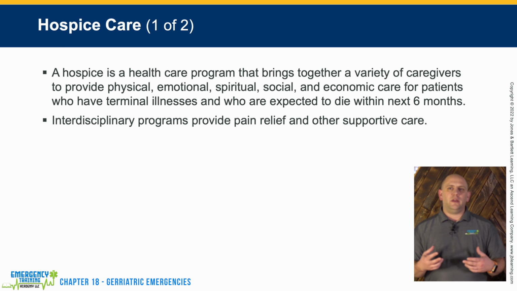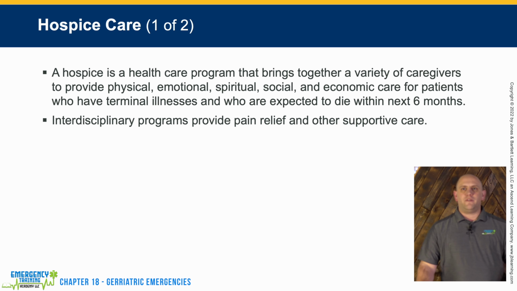It's normally for patients who are expected to die within about 6 months. They provide emotional, spiritual, economic support, anything that the patient needs. They bring those services together and support the patient and their family.